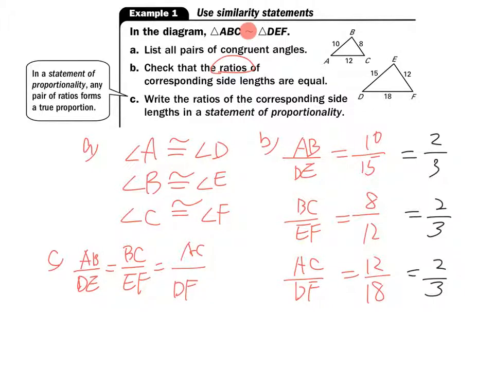That is right there. So again, I just want to highlight here, it says the statement of proportionality. Remember, a proportion is an equation that has two ratios, one ratio on each side, one fraction on each side. That gives us the hint that this is our statement of proportionality.